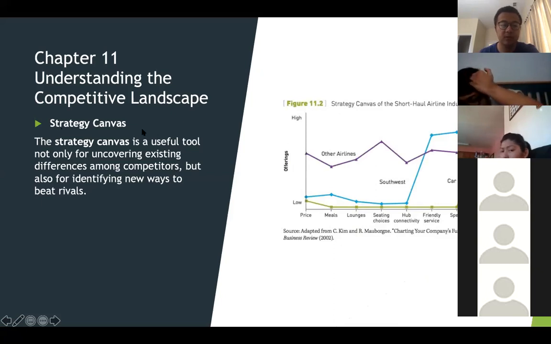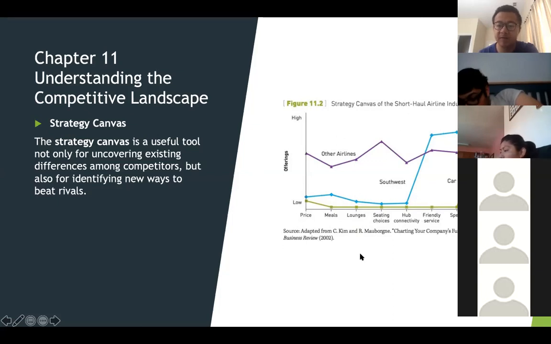Okay, the third topic of understanding the competitive landscape is the strategy canvas. You can see here a chart for Southwest.